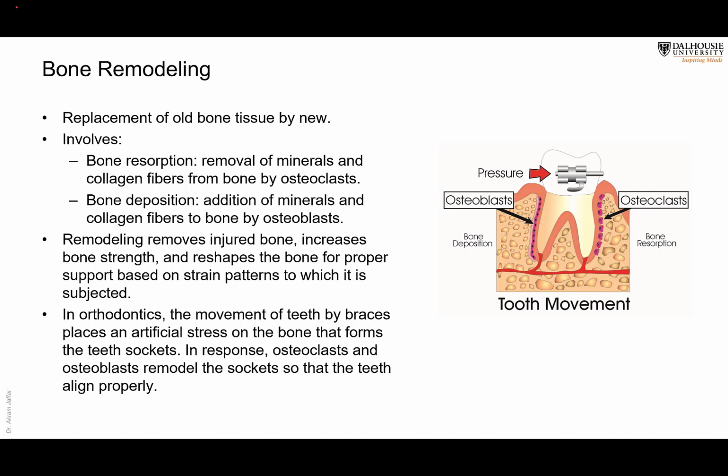In orthodontics, when you use the pressure of braces, they press on the tooth in its socket. Where there is pressure on the bone, which is the socket of the tooth, osteoclasts are going to act and destroy the bone. Osteoblasts build the bone on the other side, and this will result in aligning of the tooth. Of course, this process takes a long time.